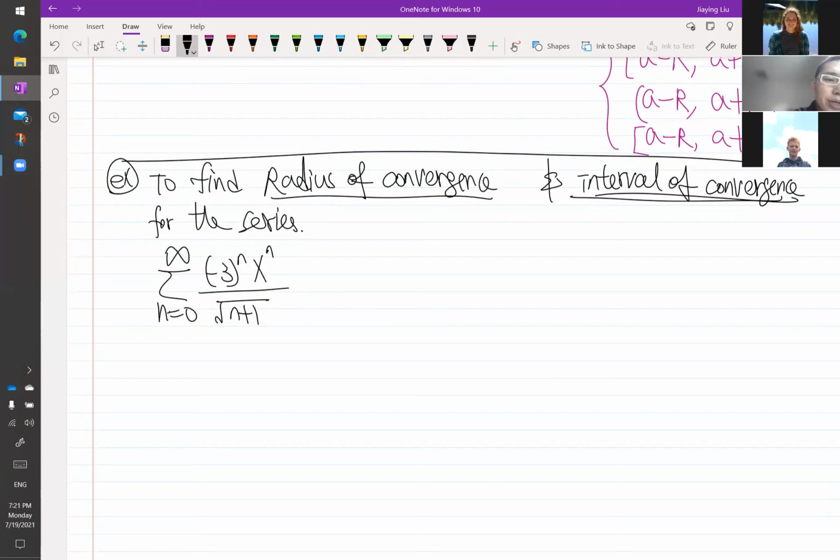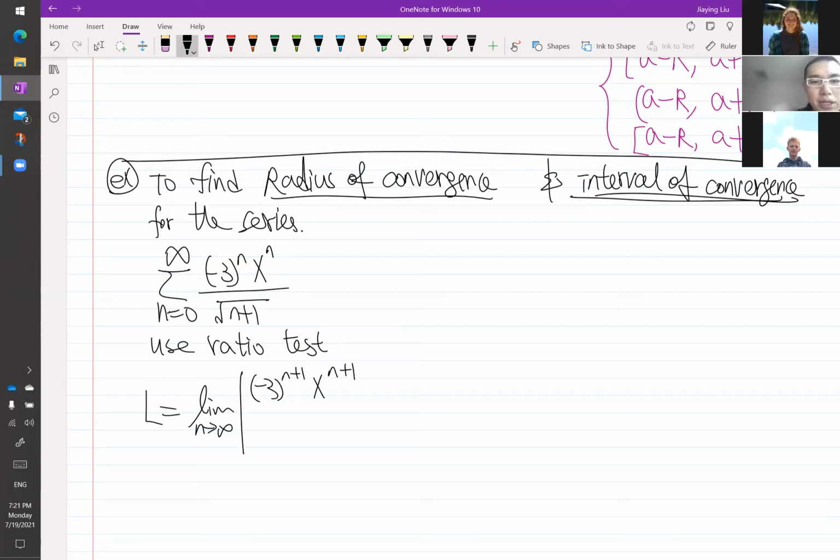We're going to use the ratio test by defining L equals the limit as n goes to infinity of a_(n+1) over a_n, so that's (-3)^(n+1) x^(n+1) divided by the square root of (n+1)+1, so n+2, and then divided by (-3)^n x^n divided by the square root of n+1.